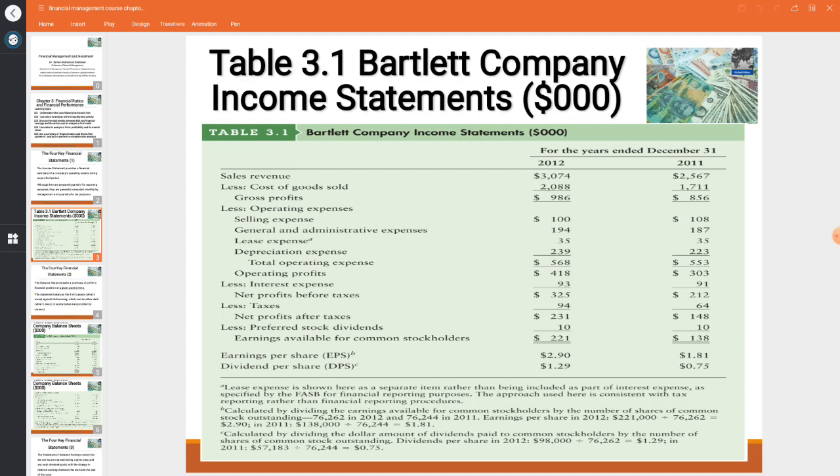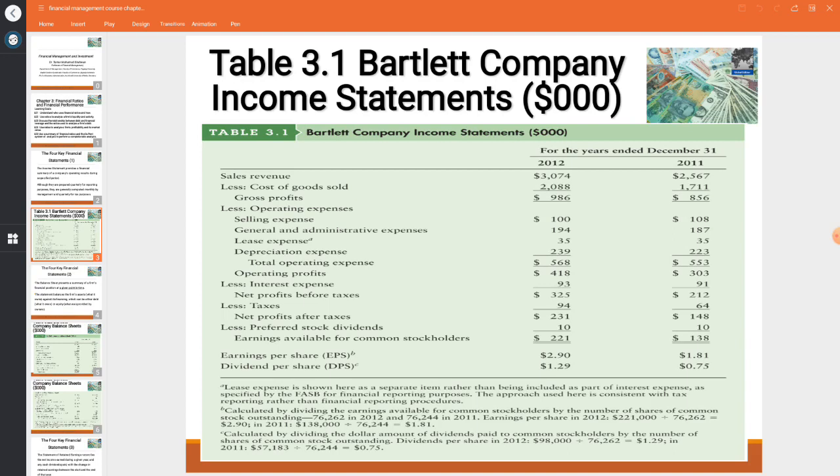We are also going to use earnings available for common stockholders for determining EPS, earnings per share, where earnings per share is determined by earnings available for common stockholders divided by the number of shares of common stock outstanding.